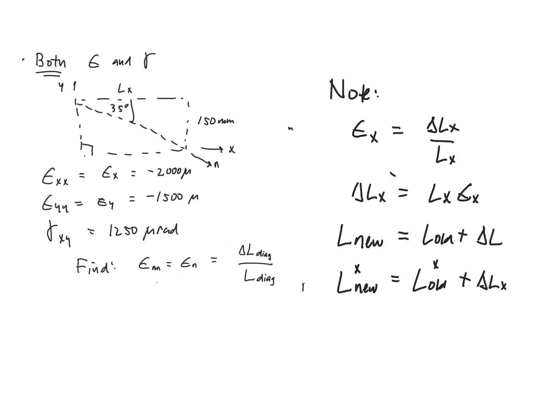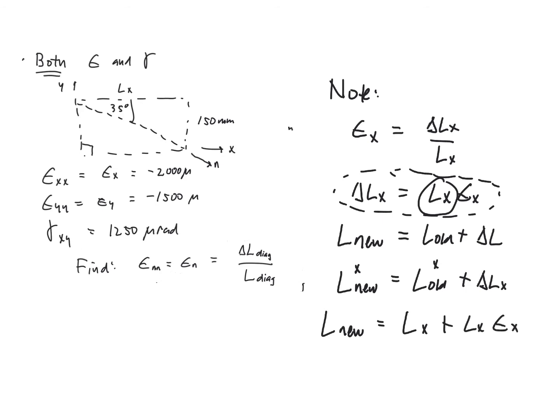But now notice, delta L in the x has the old length as well. So we would say that L new, and I'm going to drop off those superscripts now, is the old length. Let me just call that Lx. And then we have plus Lx times epsilon x. So the Lx actually factors out, and you get Lx times 1 plus epsilon x.